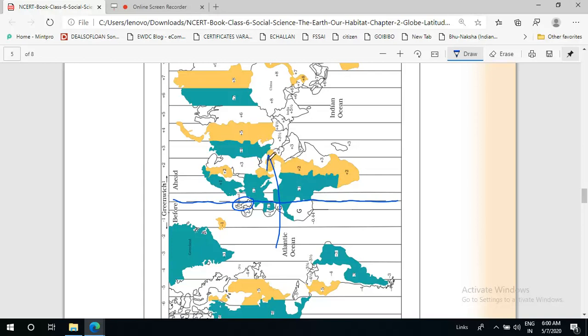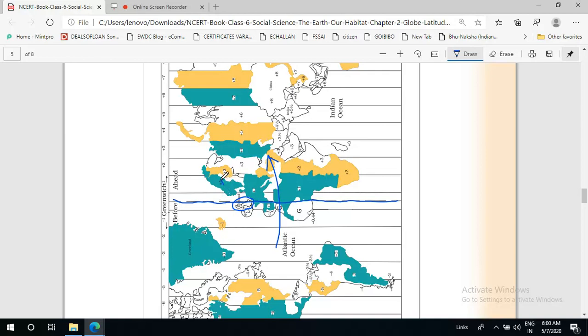And because of this movement taking place from west to east, the places which are on the eastern side of the 0 degree meridian are denoted by plus.